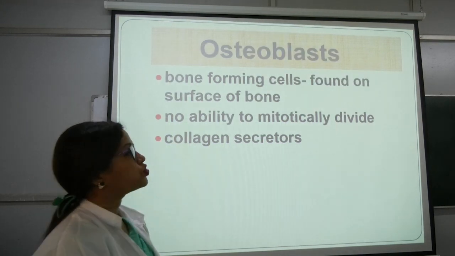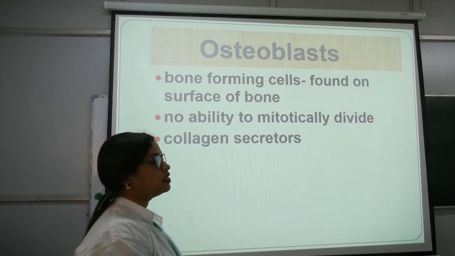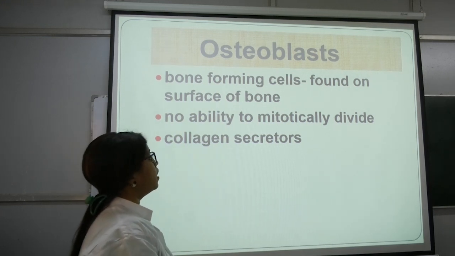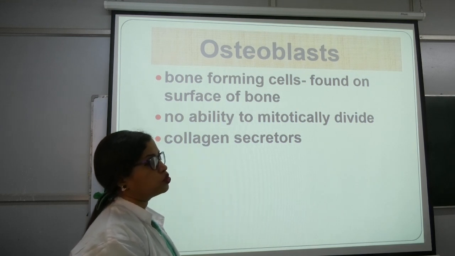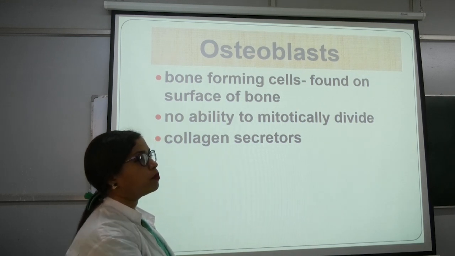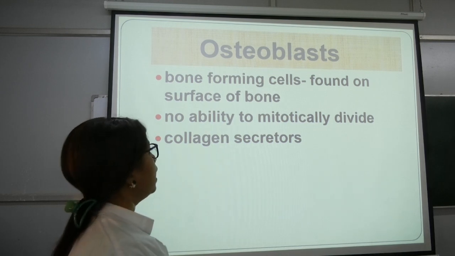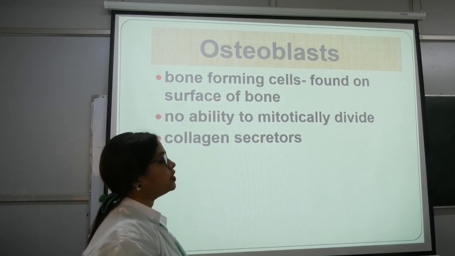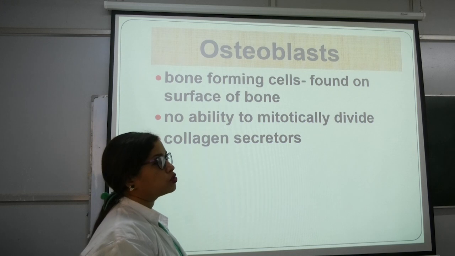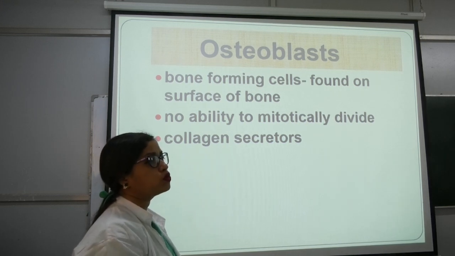Next is the osteoblast. These are the bone forming cells, found on the surface of the bone. If you have a specimen of bone, you could see this osteoblast. It has no ability to divide mitotically. Whatever division is occurring is because of the osteoprogenitor cell.